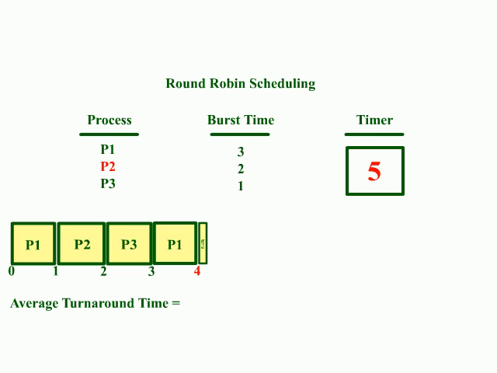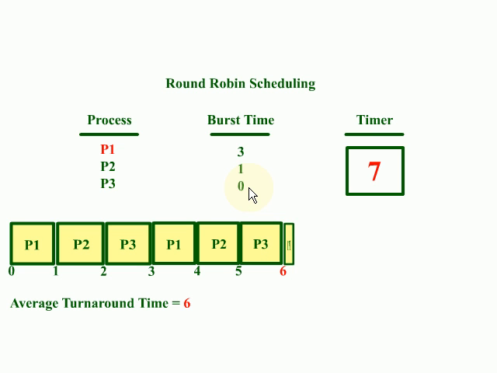Let's run it again. Now the burst time 2 becomes 1, so we need only 1 second to finish P2 completely. The next process to execute is P3 again. Its burst time is 1, and when it gets executed, nothing is left in P3. That means we have completely executed the P3 process.